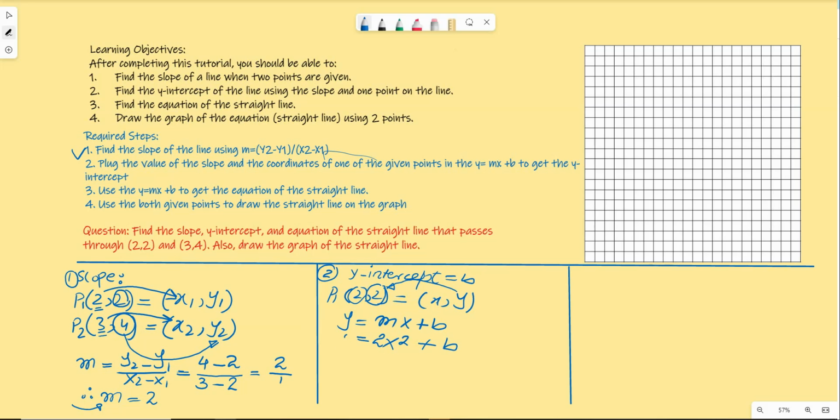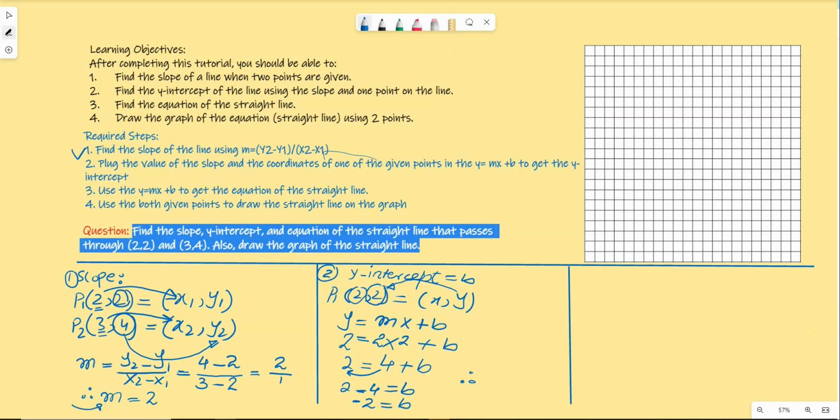The value of y is 2. So 2 is equal to 2 times 2, which is 4, plus b, and you can move this 4 here. So 2 minus 4 equals b, and 2 minus 4 will be equal to minus 2. So the final value of b will be minus 2.